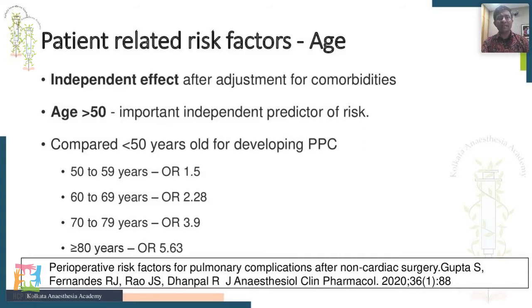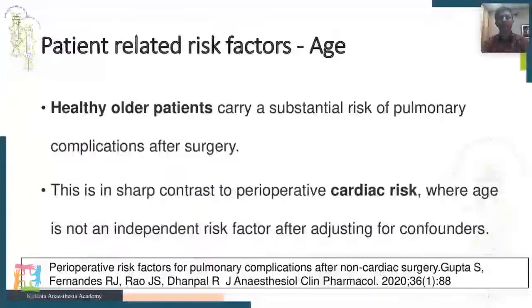But as you see from this slide, as the age increases, the risk increases. So with every decade, the risk is increasing, not in an arithmetic progression, but a little higher than that. Somebody above 80, the odds ratio is around 5.63 compared to somebody below 50.